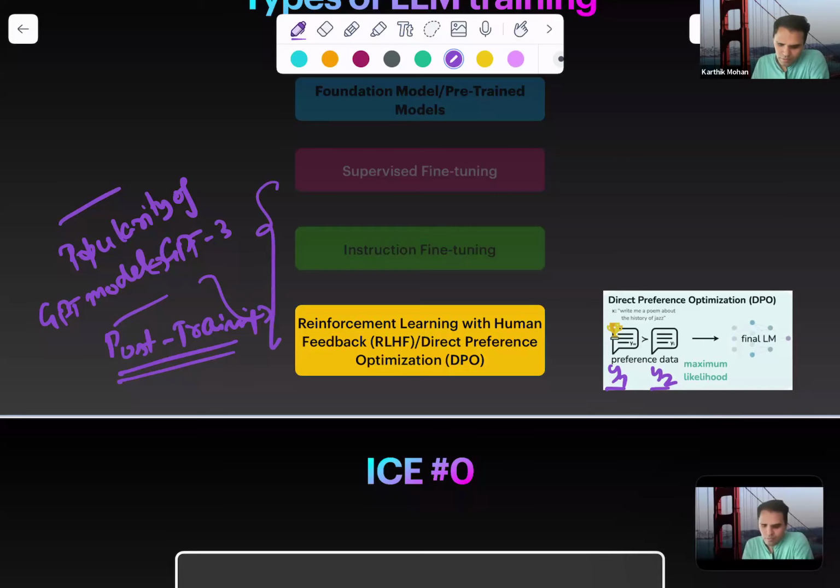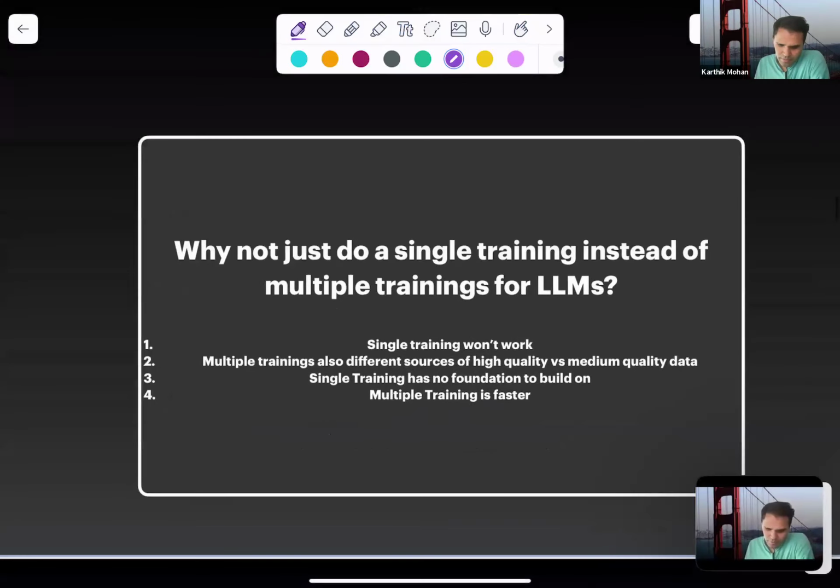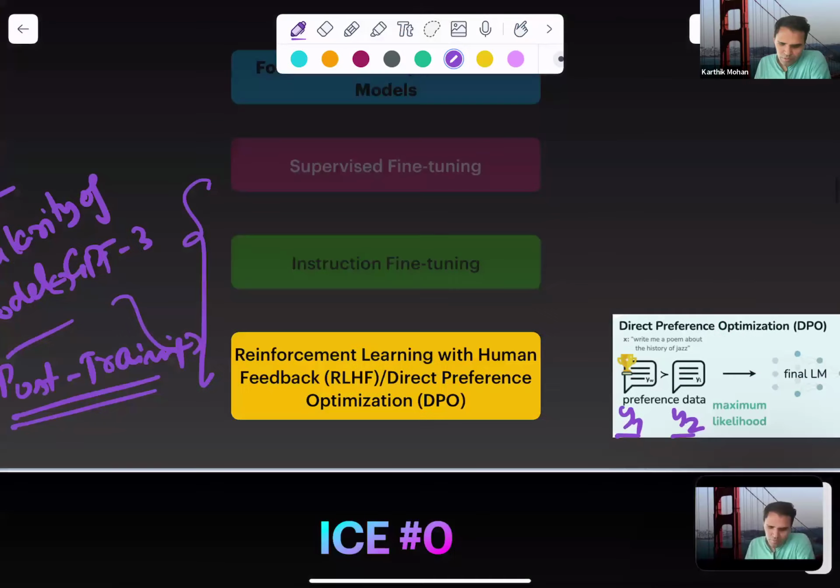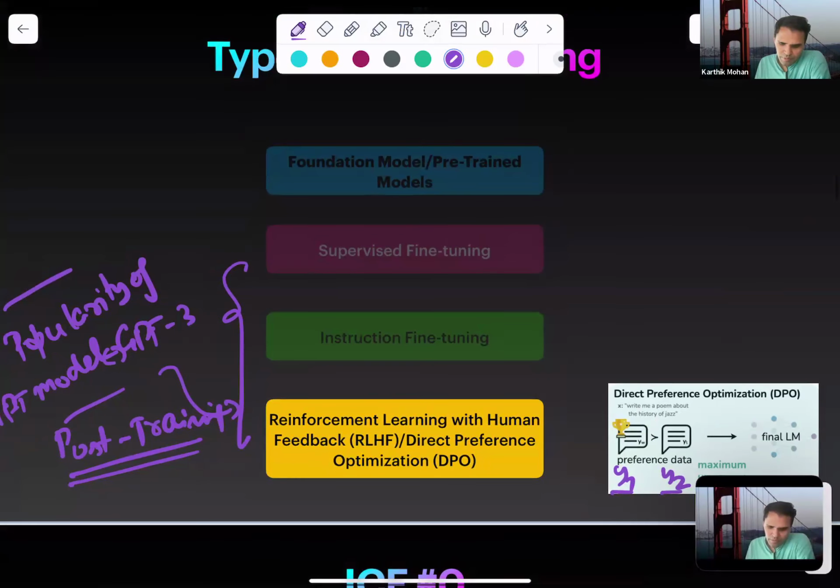So let's look at an in-class exercise for you to understand, given what we've seen so far with pre-training with the foundation model, getting a pre-trained model, and post-training with supervised fine-tuning and instruction fine-tuning. We haven't necessarily covered this, but you can think of supervised fine-tuning as more task-oriented fine-tuning of the pre-trained model.